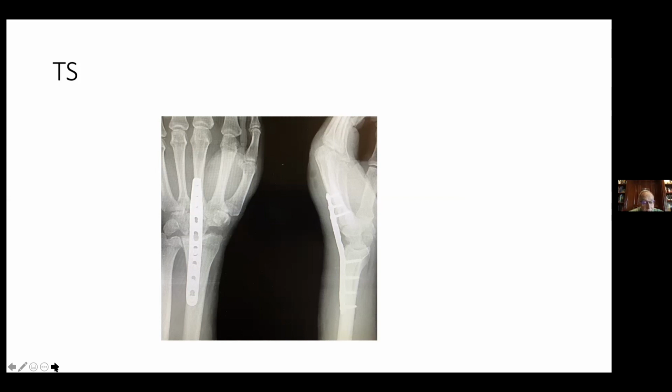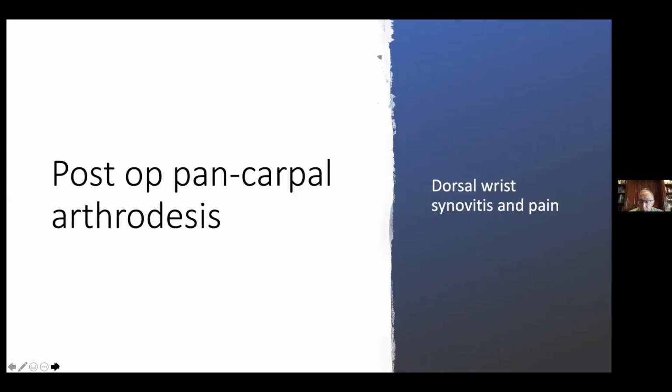Okay, next here. So anyway, the man still has dorsal wrist pain, mostly from synovitis. He has pain around the extensors, the fourth compartment. He's got some crepitation. So what next? Anybody?